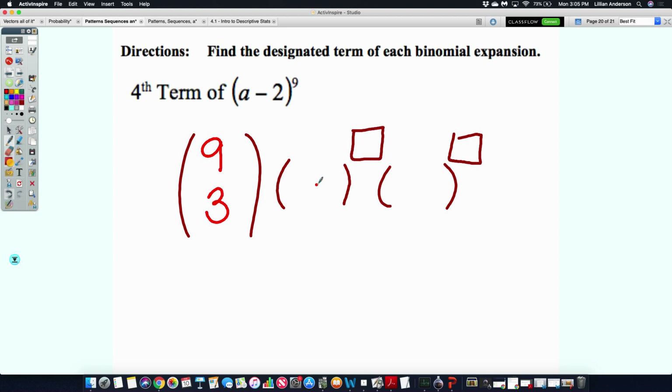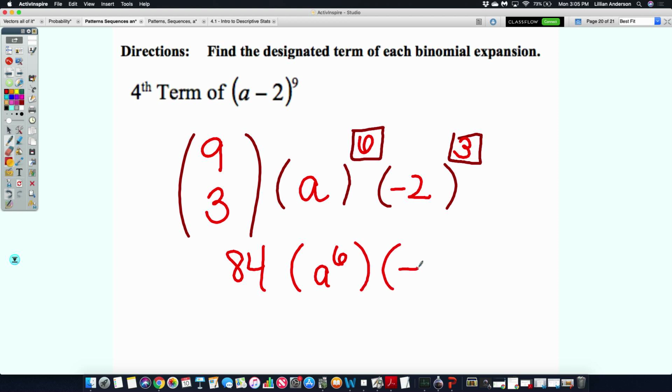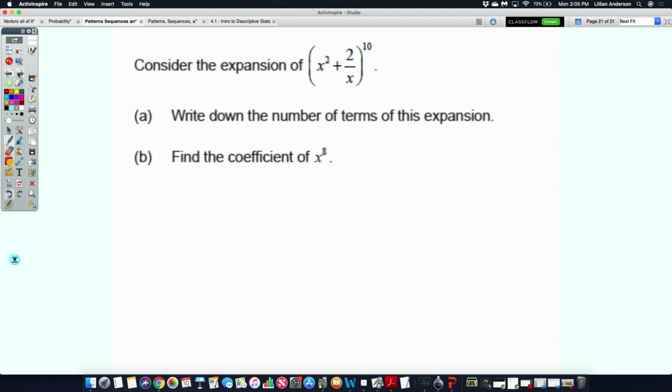Second parenthesis, A, it should be raised to the, and the last one, again, your exponent should always add up to be N, and the last exponent is always the value of R, the bottom of your combination. What's 9 choose 3? 84 times A to the 6 times negative 8. So my final answer should be 672, A to the 6. These numbers are getting harder to say by the minute. There we go. That's how you find particular terms.